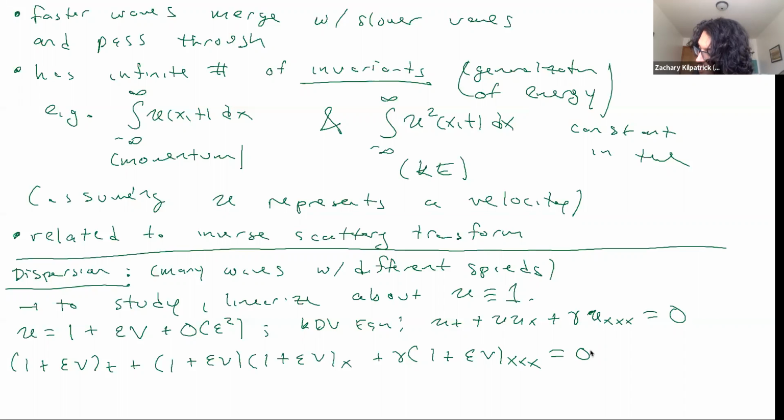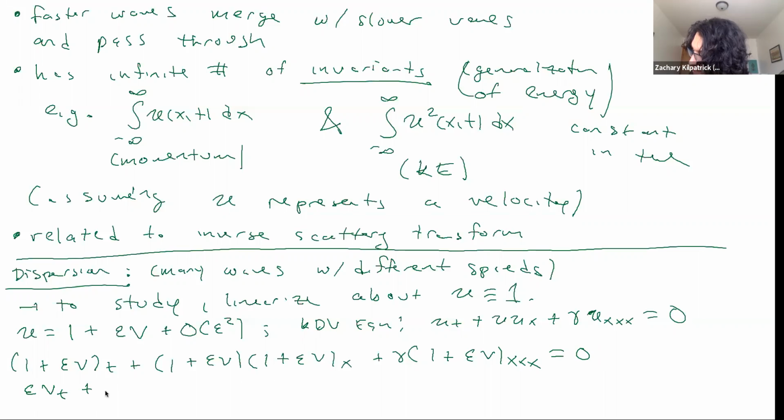So this term here is going to go away, right? So we just get epsilon v_t plus, the derivative of the 1 term here is just going to be 0.